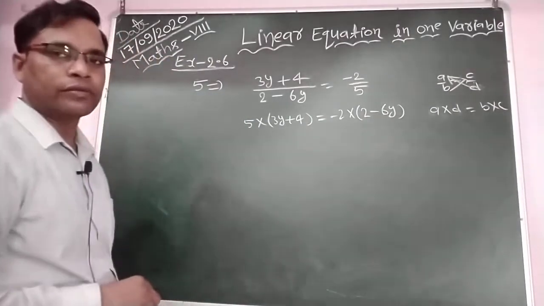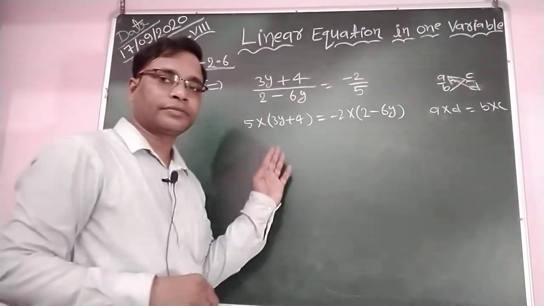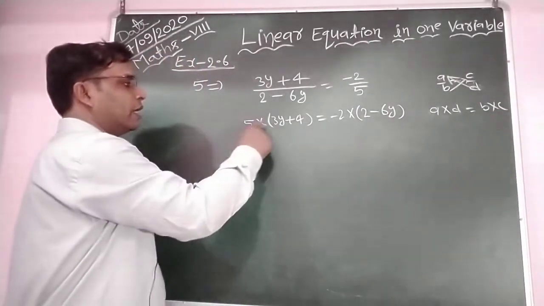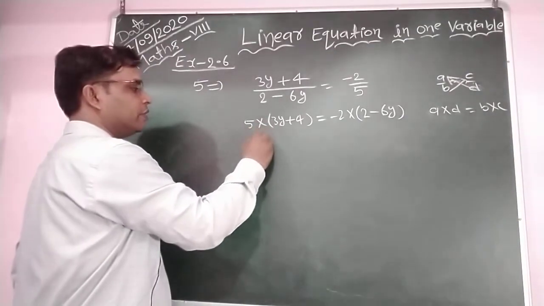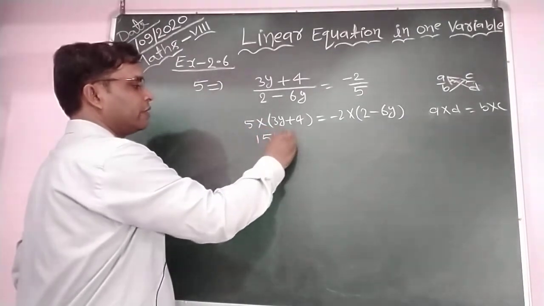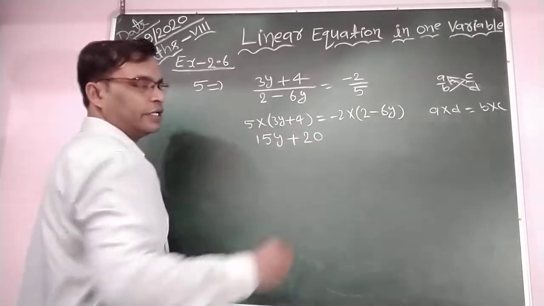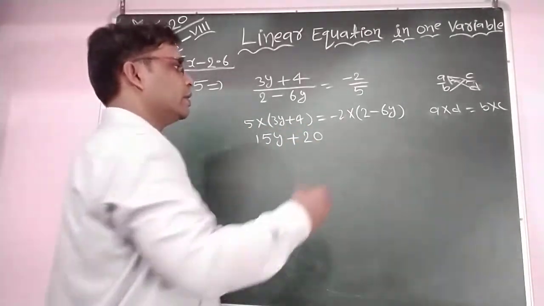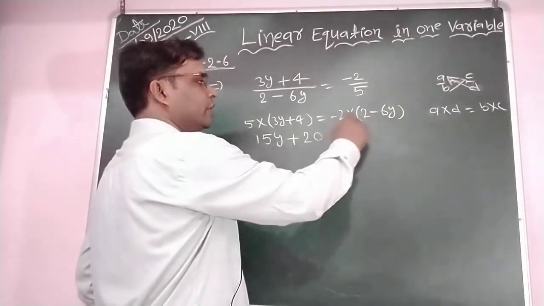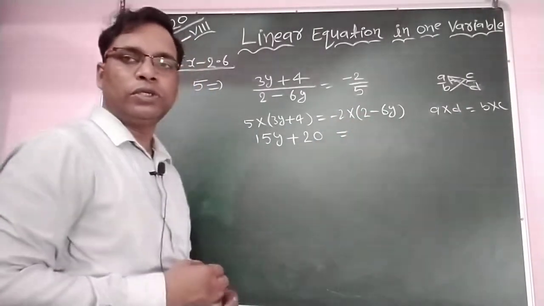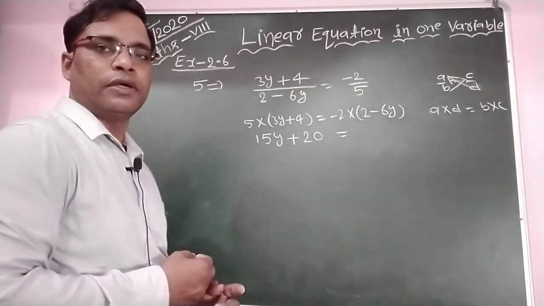Clear? Now when you open this bracket, then we have 5 into 3y, this is equal to 15y, plus 5 into 4, this is equal to 20. Clear? And here minus 2 into 2, this is equal to minus 4.